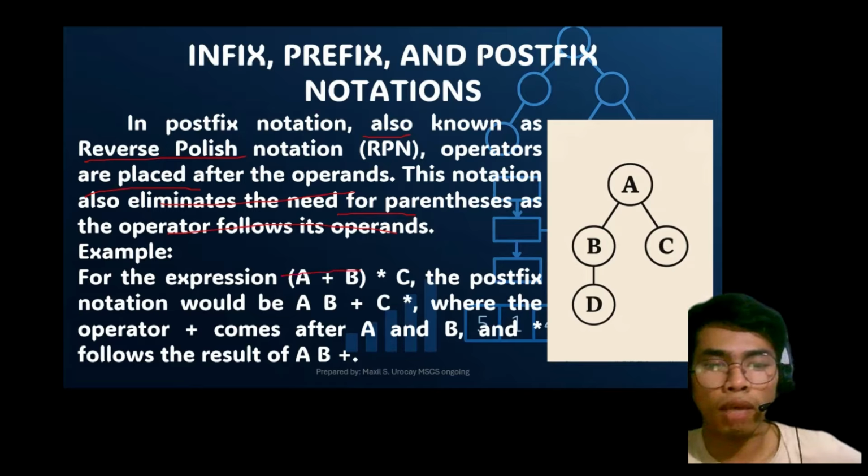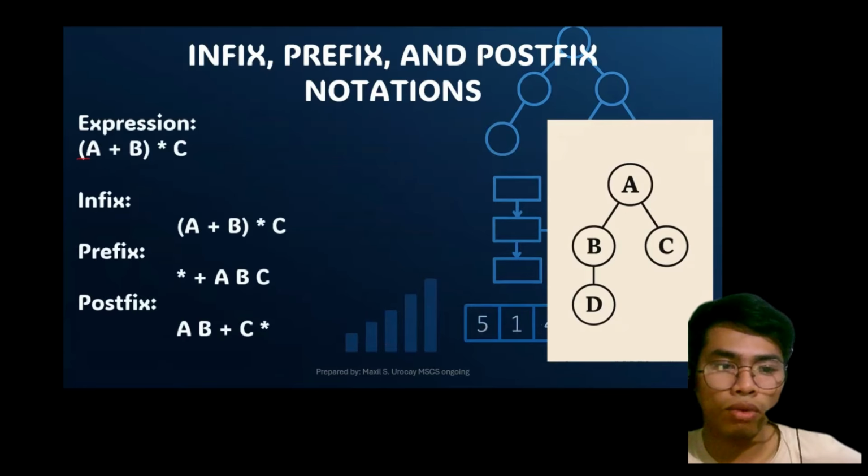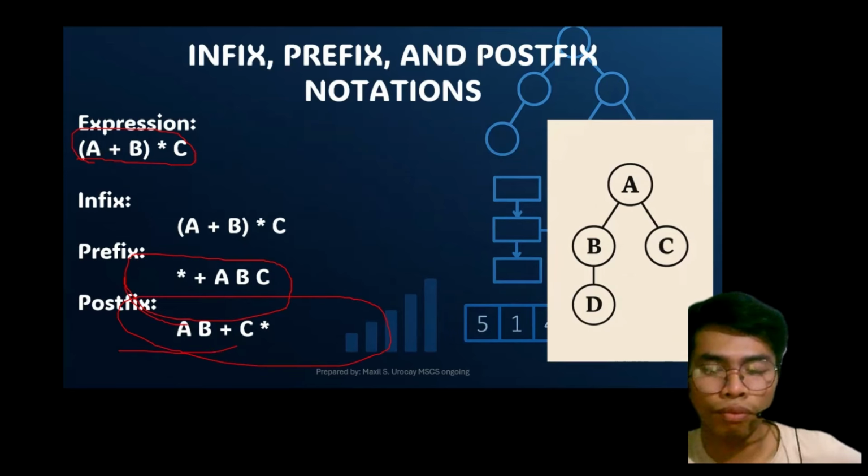So for the expression a plus b times c, the postfix notation would be a b plus c times, where the operator plus comes after A and B, and times follows the result of A B plus. So how does that work? Since as what we have earlier, this is the expression that we're following, and these are the notations that we are having in our result.